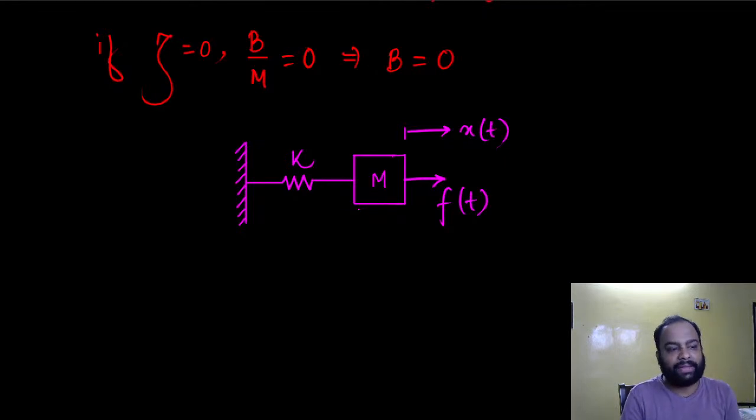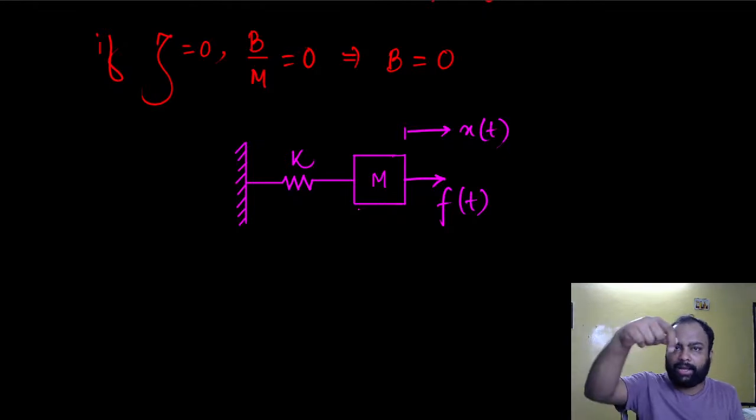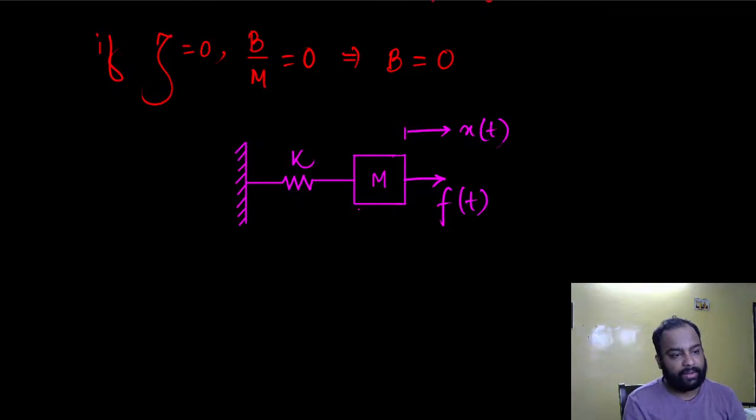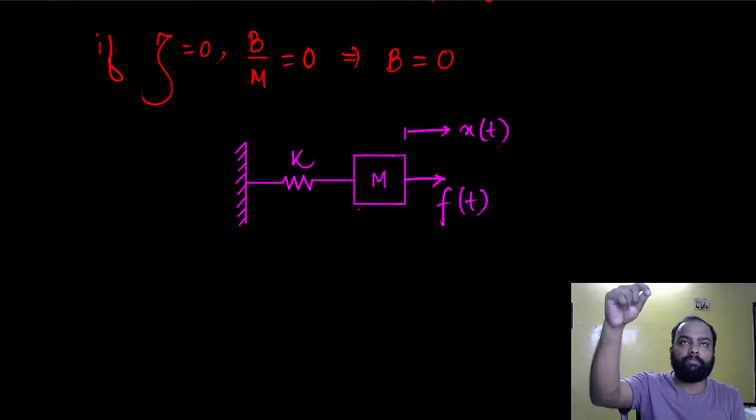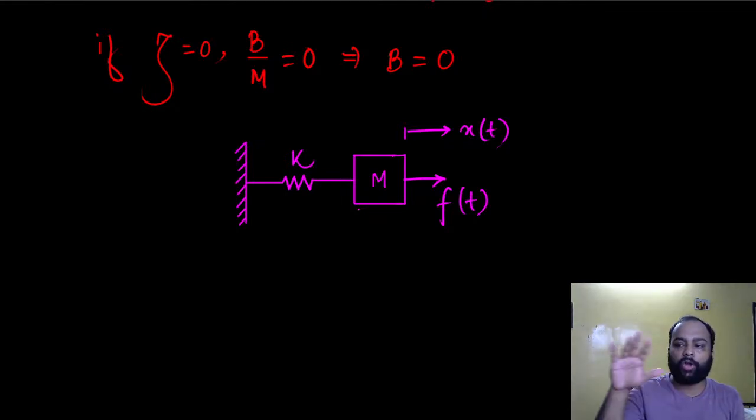So you have an ideal spring and a mass, and since there is no damper here, once you pull it and release it, it keeps on oscillating forever. It's slightly more complicated than that, but you have to understand it this way.